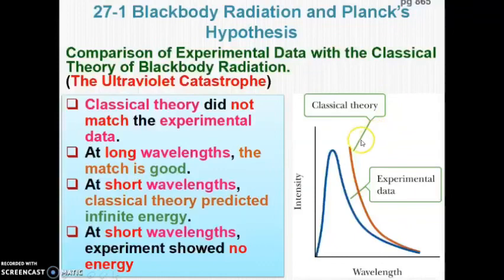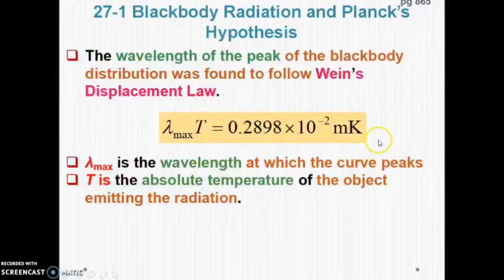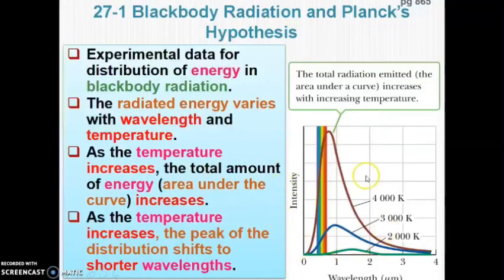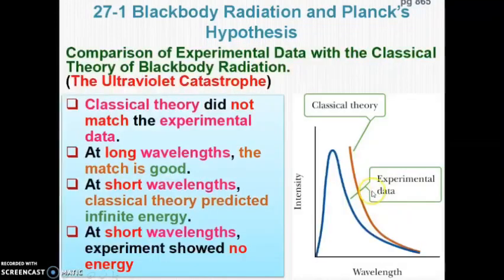When you look at the longer wavelength here, what happened between the classical theory and the experimental theory? Basically at this position the wavelength is matched, which means there is no effect.